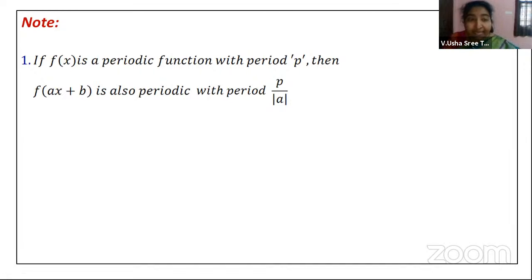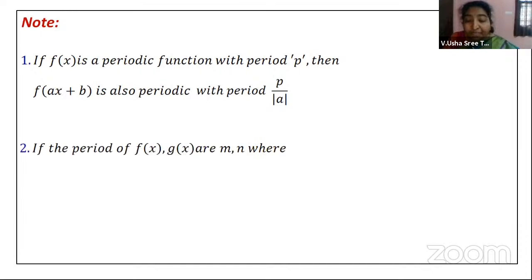Now, likewise, another conclusion we will see is, if the periods of f of x and g of x, two different functions, are m and n, where m and n are positive integers, then we impose one more condition.